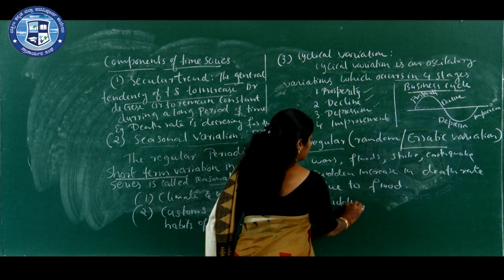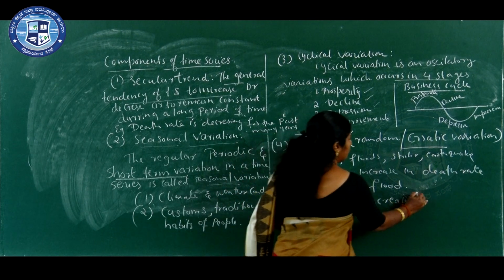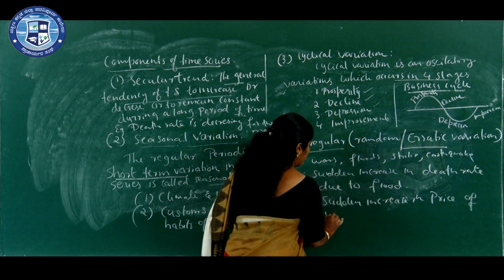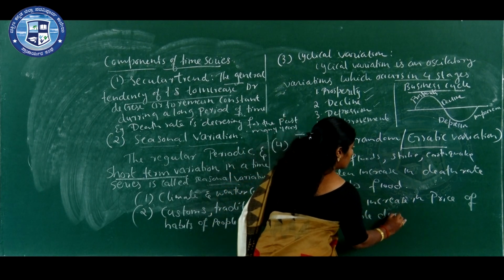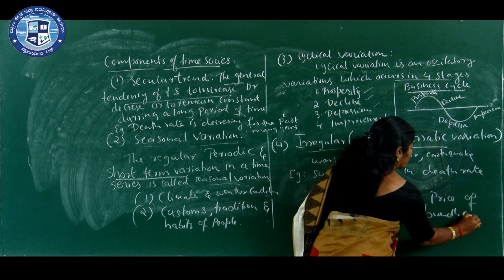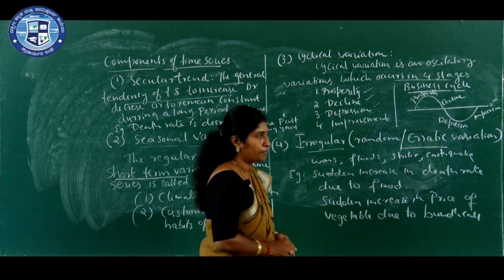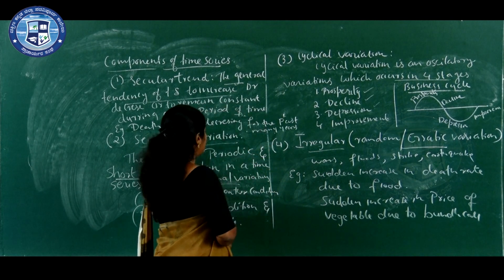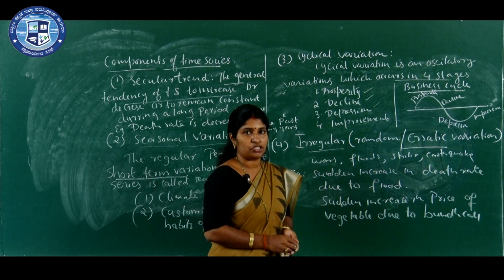Sudden increase in price of vegetables due to Bandh call. Example for irregular variation. So, there are 4 components: secular trend, seasonal variation, cyclical variation and irregular variation.